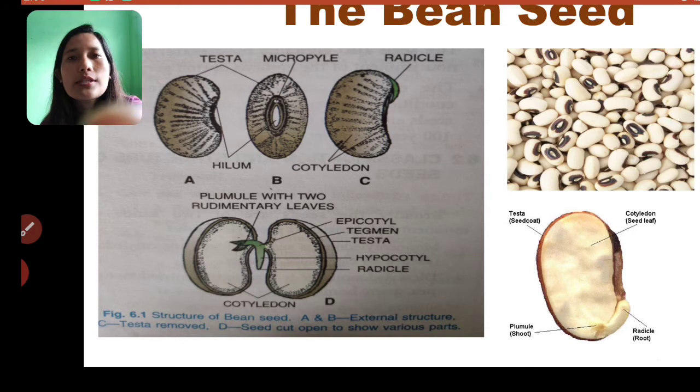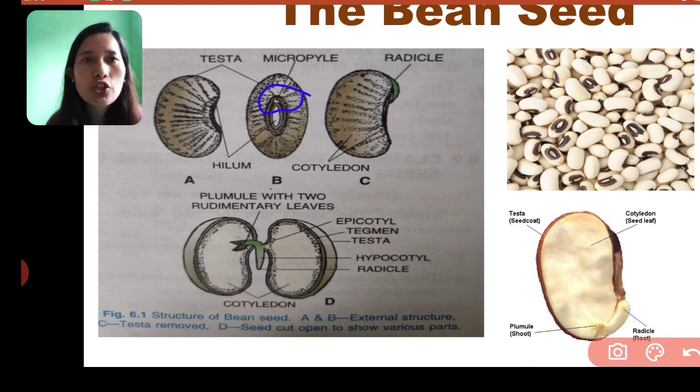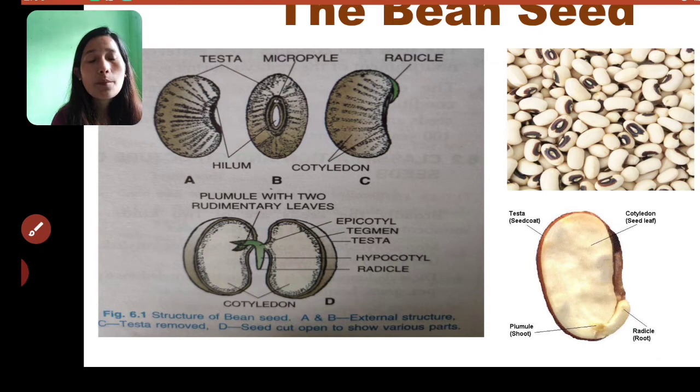Now just beside the hilum, you have a small pore like structure. That pore like structure is known as micropyle. While discussing fertilization, we discussed the role of micropyle, right? What is the role? It's the point where the pollen tube is going to insert inside the ovule.